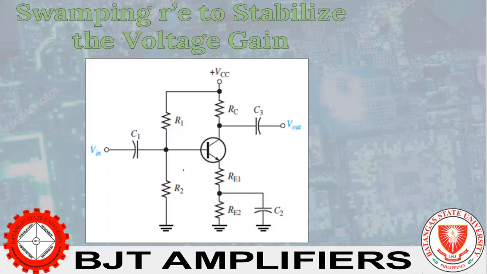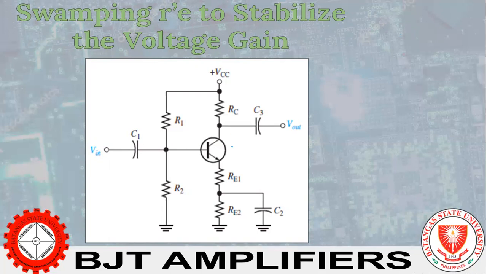So, yung swamping naman is the method used to minimize the effect of RE prime without reducing the voltage gain to its minimum value. So, i-minimize natin yung effect ng RE prime. Okay? So, this method swamps out the effect of RE prime. So, swamping is a compromise between having a bypass capacitor across RE and having no bypass.